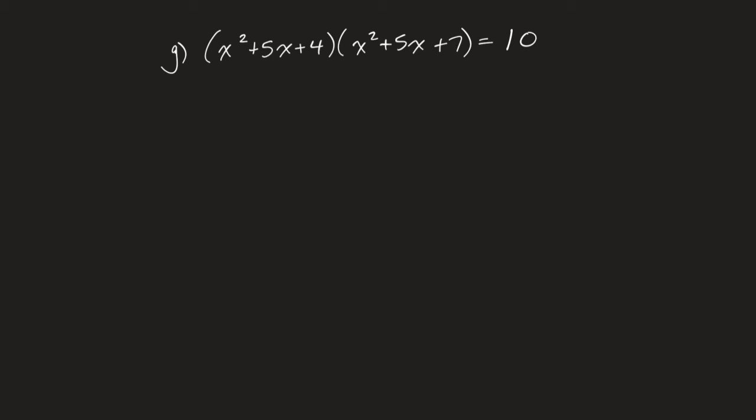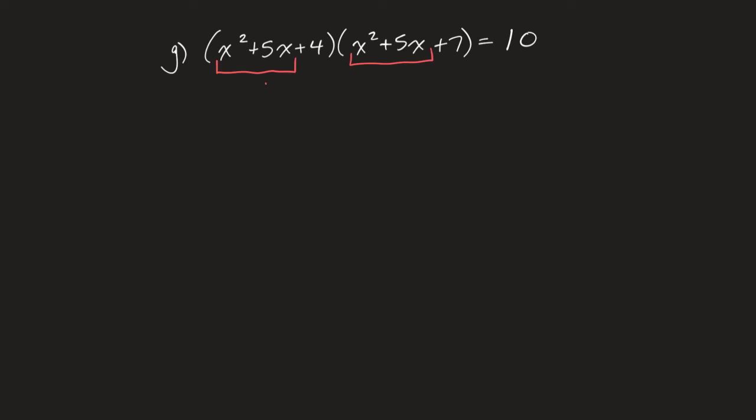I just want you to notice that when you look at your two factors on the left side for G, they both start off with the same two terms. That might have been something that jumped out at you. Maybe it was something that you totally overlooked. Notice my first factor and second factor both start off with x squared plus 5x. And if those two terms could be represented by one term, then I could simplify the way the expression looks.